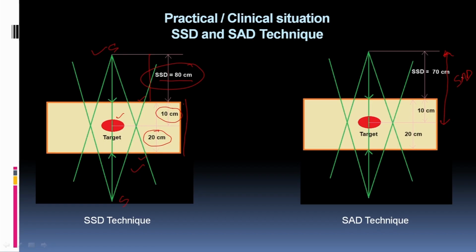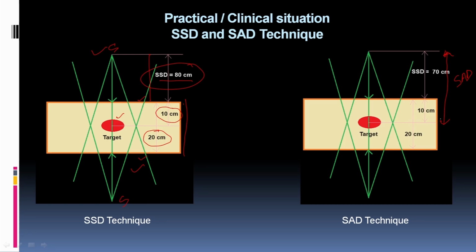What is the isocenter? The isocenter is a virtual point of any machine where the axis of rotation of the gantry, the axis of rotation of the collimator and the axis of rotation of the couch intersect each other. So this point is fixed for every external beam treatment machine.